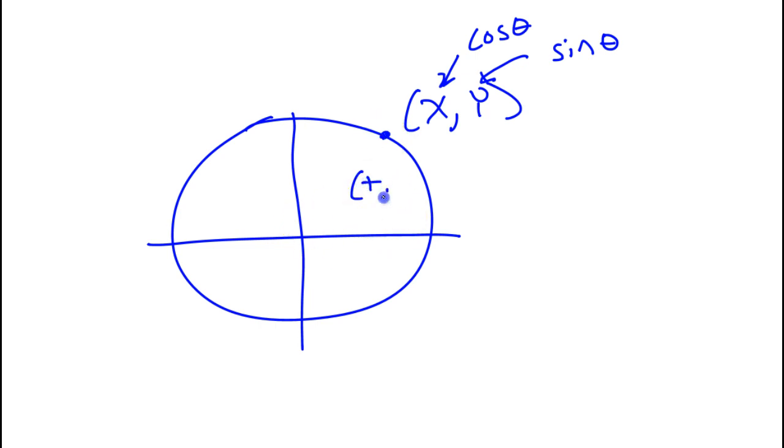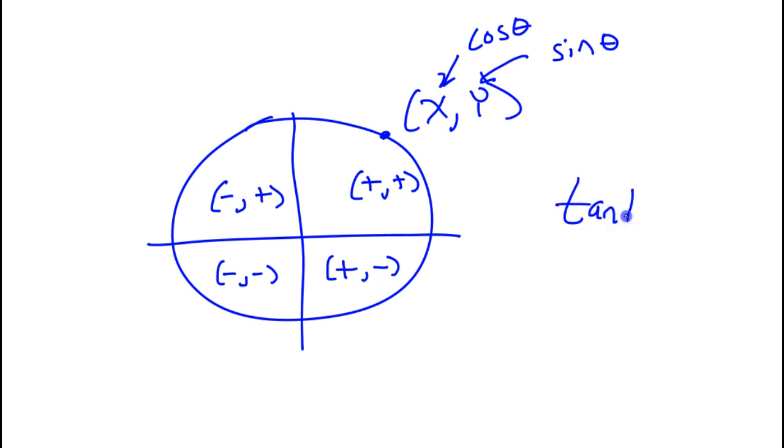So the x value is positive and the y value is positive. Cosine and sine are both positive. In this quadrant, the x values are negative because they're to the left. The y values are positive because they're up. In this quadrant, all of these points are to the left and down. So that's negative and negative again. In this quadrant, these points are to the right and down. So that's positive and negative. So that's what's going on with cosine and sine.